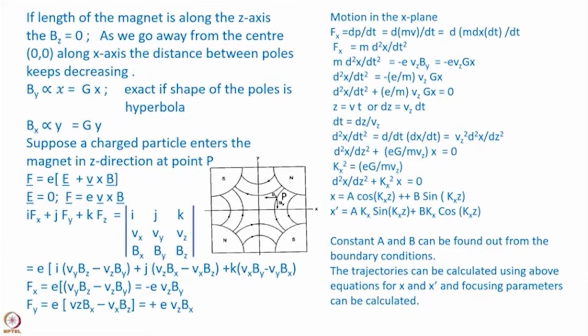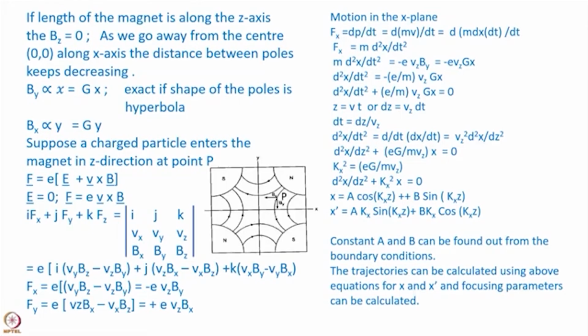And therefore the force on the particle, which will be responsible for focusing or defocusing, is nothing but charge times v cross B. It's a cross product of velocity and the magnetic field. Now these are all vector quantities, so you can write this force as i Fx plus j Fy plus k Fz.